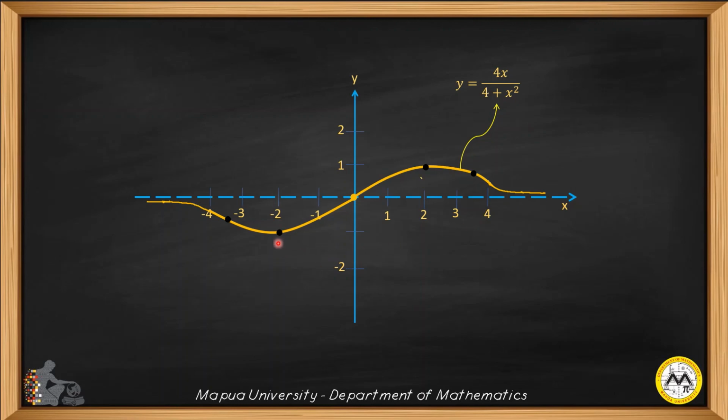Take note that we observe the minimum point at x equal to negative 2, the maximum point at x equal to positive 2, and the curve changes concavity at 3 points: at negative 2 square root of 3, at 0, and at 2 square root of 3. And the curve is observed to be asymptotic to the x-axis. Okay, so the x-axis is the horizontal asymptote, but we don't have a vertical asymptote.